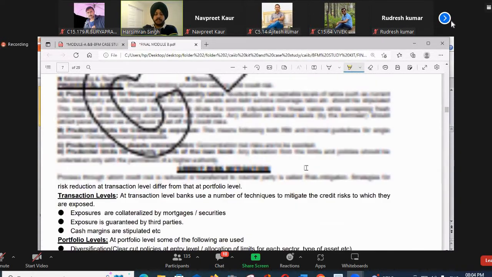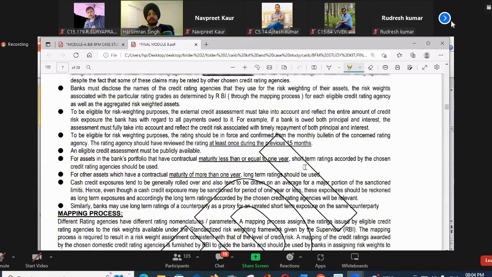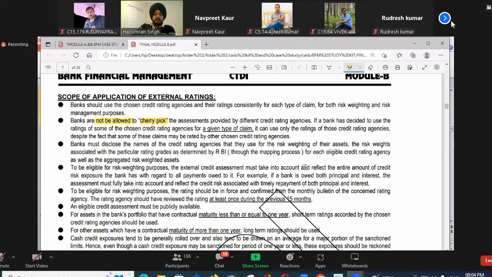Now, this is page number 30. Banks cannot cherry pick. What is the meaning of cherry pick? Suppose your bank decides that for all the retail advances, banks will use the ratings of ICRA or CRISIL, let us say CRISIL.